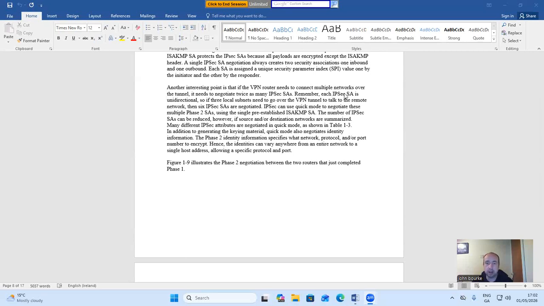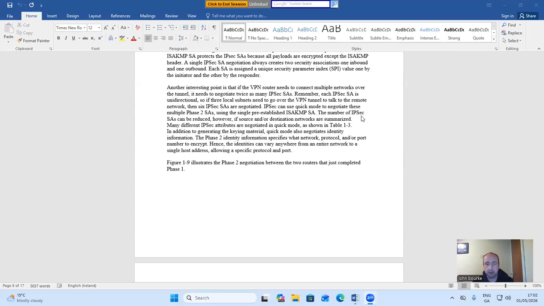Remember, each IPsec SA is unidirectional, so if 3 local subnets need to go over the VPN tunnel to talk to the remote network, then 6 IPsec SAs are negotiated. IPsec can use quick mode to negotiate these multiple phase 2 SAs using the single pre-established ISAKMP SA.